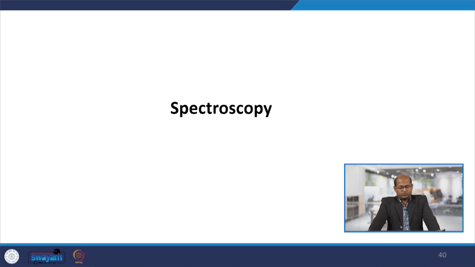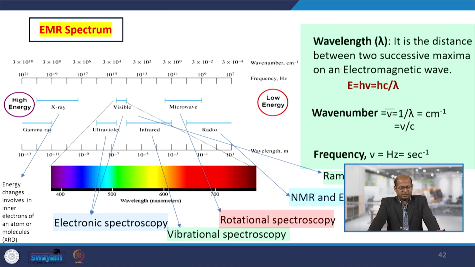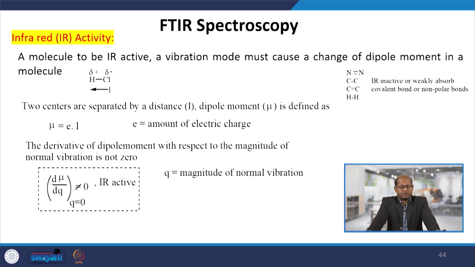Okay. Spectroscopy studies can also be done, but I am not discussing that. FTIR spectroscopy: if a material has a dipole moment change, then we can get that spectrum, which is IR active.